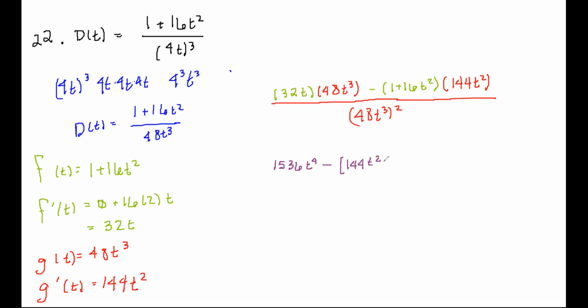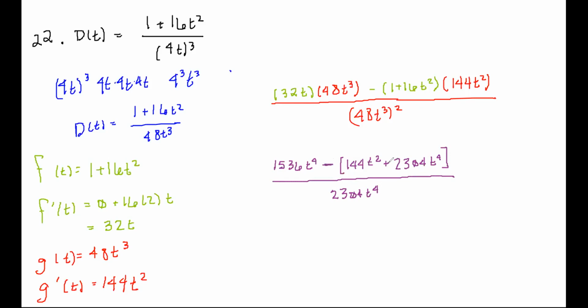144t squared plus 2,304 t to the 4, all over 2,304 t to the 4. Okay, so we'll simplify this a little bit more.